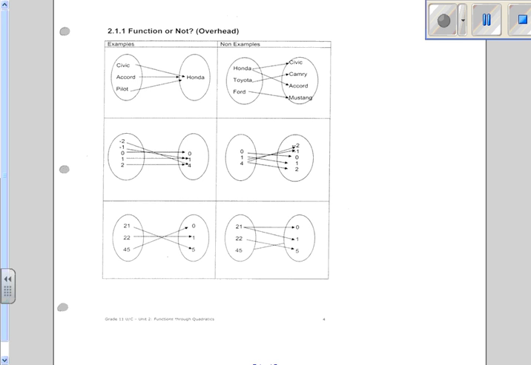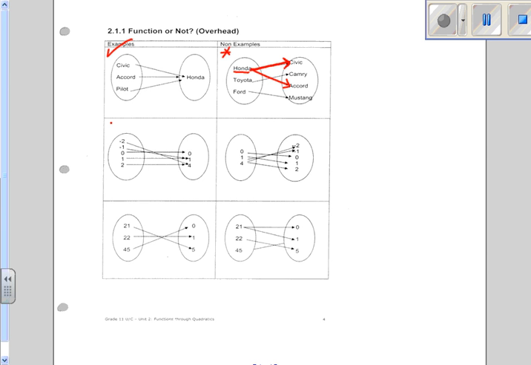And the Pilot can only have one answer, Honda. That is a function. The non-example would be the second one, because a Honda can be a Civic or an Accord. So because we are following the arrows left to right, because Honda maps onto two things, that is not a function.